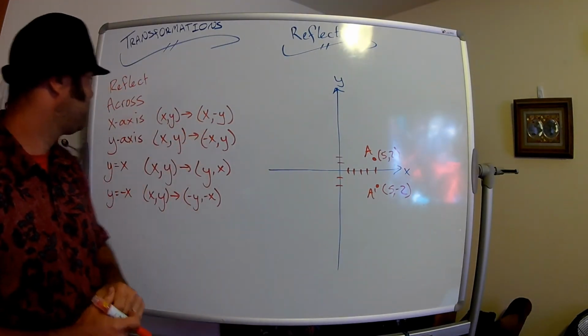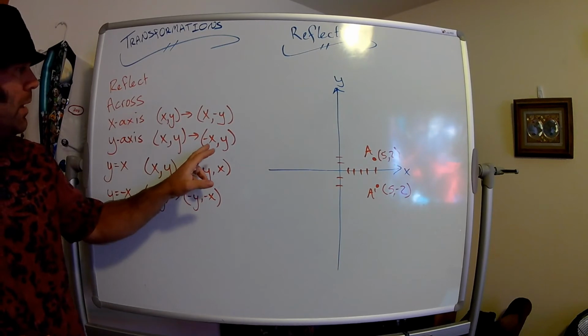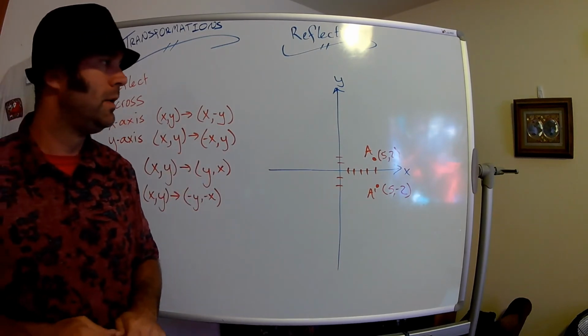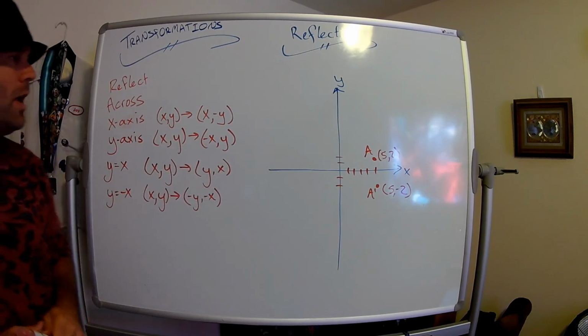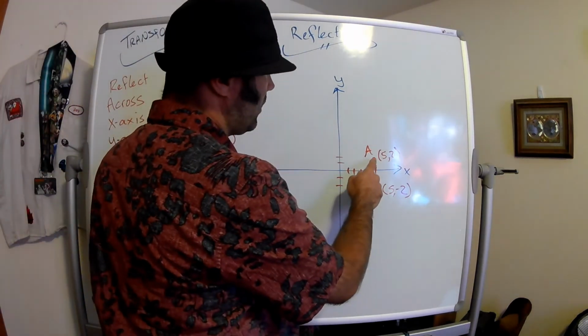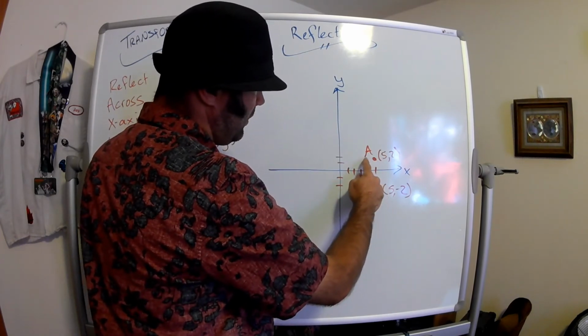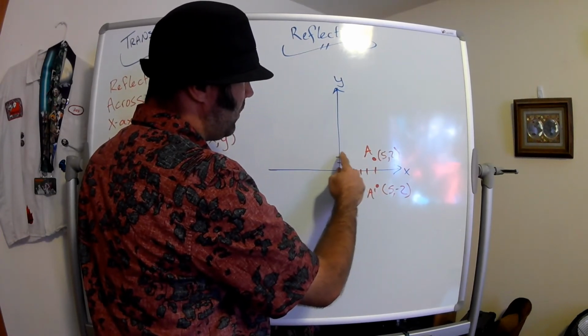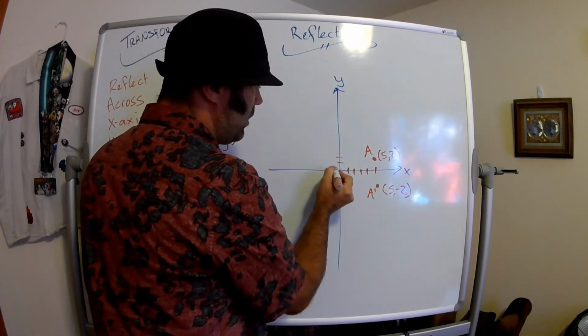That's it. Okay? If we were to reflect across the y-axis, that would be x comma y becomes negative x comma y. So the y stays the same, but x changes sign. So let's go ahead and see if that's true. We're going to reflect across the y-axis this time. So we need to go left 1, 2, 3, 4, 5 to make it to the line. So we're going to go left 5 more.